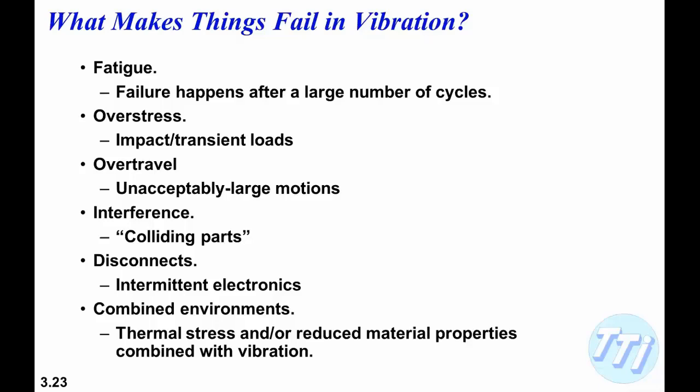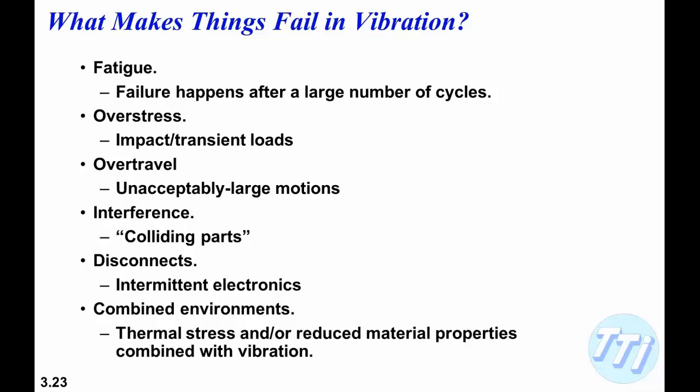Another possibility is over travel, unacceptably large motions. The example there is the space telescope, where there might be too much vibration on the mirrors due to control system inputs. Another one is interference, colliding parts: if things move a lot in your structure, they may collide and break each other.